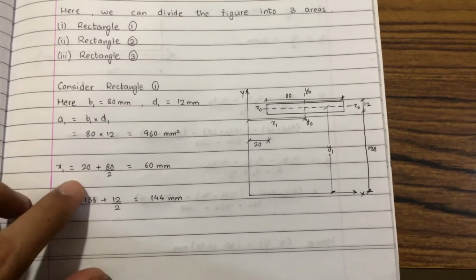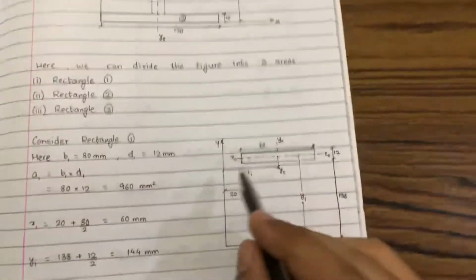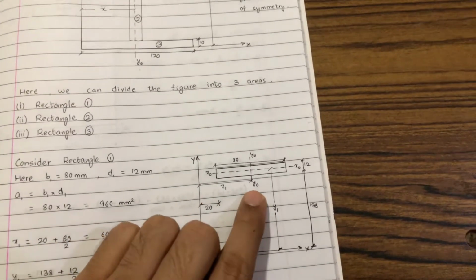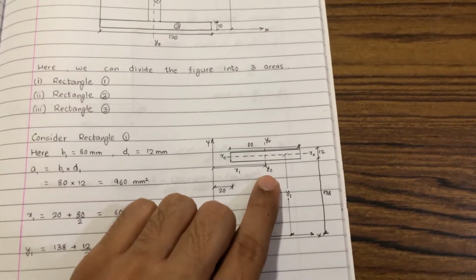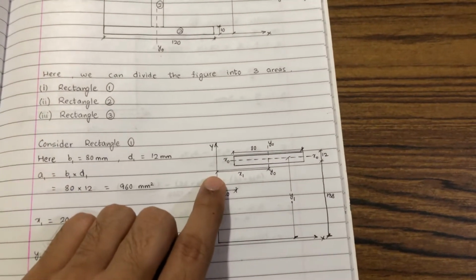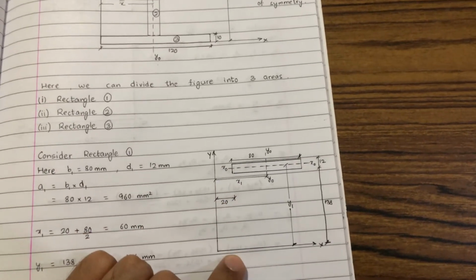X1 will be equal to 20 plus 80 by 2. Now X1 is the distance with respect to the y-axis. From here till here, the distance is 20 mm.